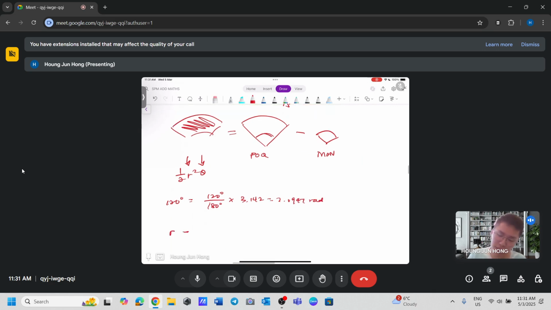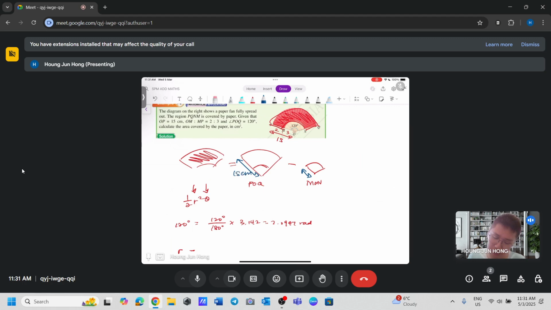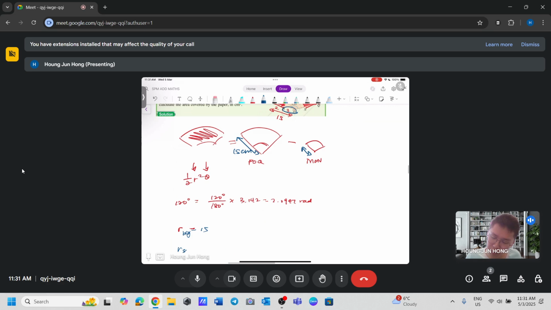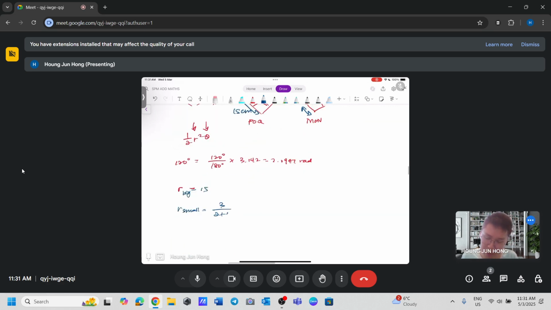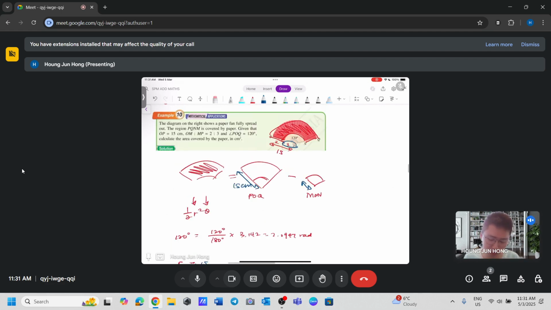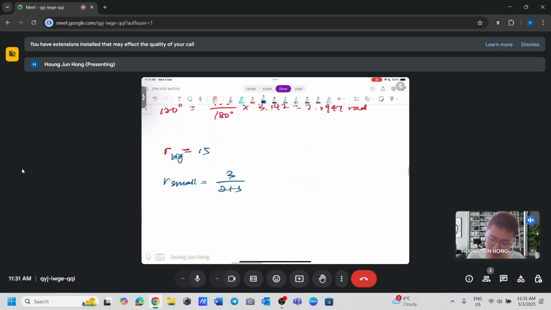Then what about the radius? Over here there are two radii, one big radius and one small radius. The big radius is already given, exactly 15 cm. But for the small radius, we need to do a bit of ratio. The ratio is 2 to 3, so the total is 2 plus 3, which is 5.